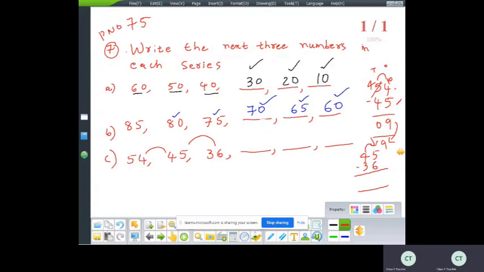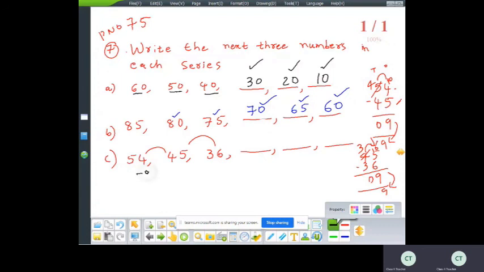We take borrow from 4 tens. 10 plus 5 is 15. 15 minus 6 is 9. From 4 tens, we took 1 ten as borrow. 4 minus 1 is 3. 3 minus 3 is 0. So it is 9 only. Yes, in this series, question number C, every number is decreased by 9.